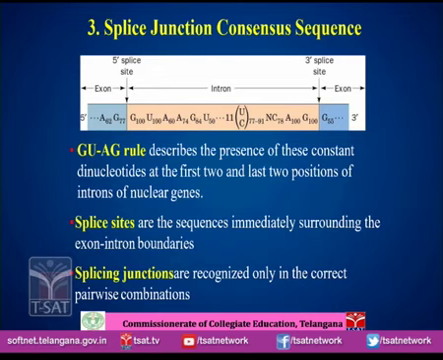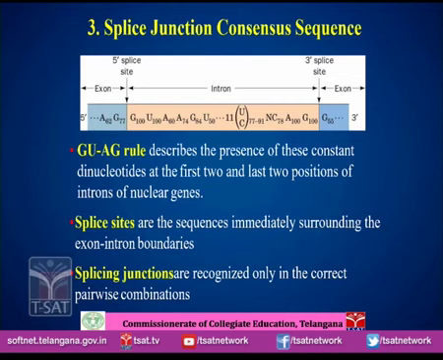In between, within the intron, there will be a special kind of point, or special kind of bases, which we call the branch point. The branch point is always uracil or cytosine. You should remember that the branch point is present only in introns.